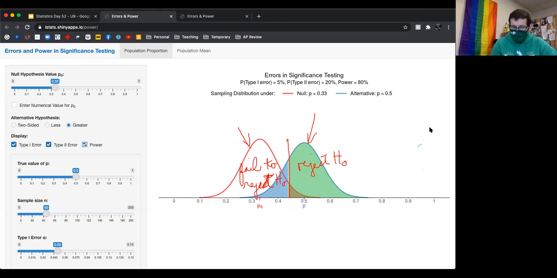And the only way we reject the null hypothesis is looking at the red curve right here. Focus on that because that's what we're testing it against. Focused on the red curve, the only way we reject it is if we get a p-value that is less than our significance level. So the area under the curve here has to be less than 0.05.